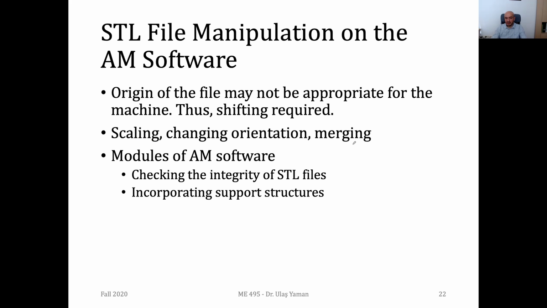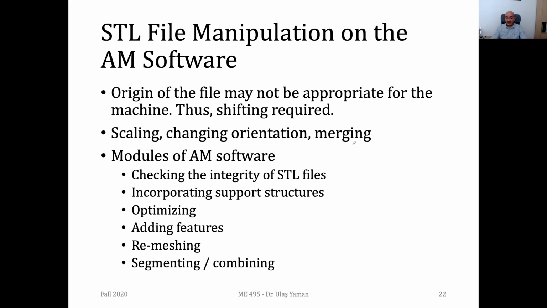You may add support structures, do some optimization on the difficult parts, add features like text on the STL file, maybe do some remeshing, and segmentation or union merging operations can all be done on the CAM software. You don't need to go back to the CAD tool. These all can be done on the CAM software.